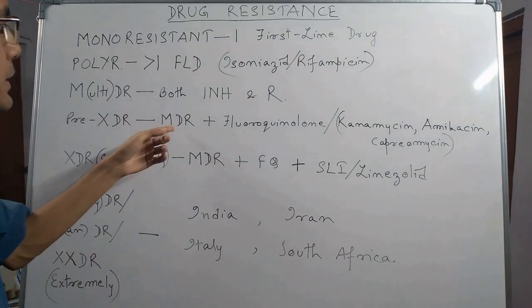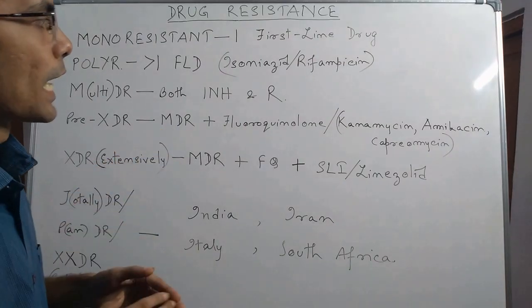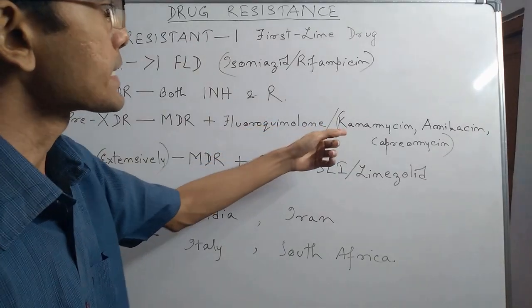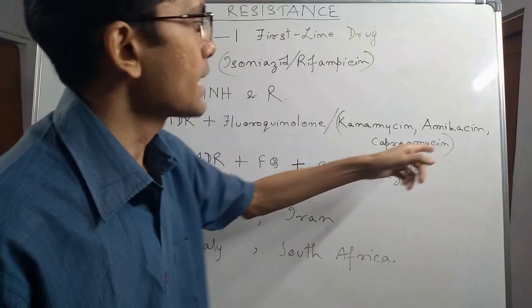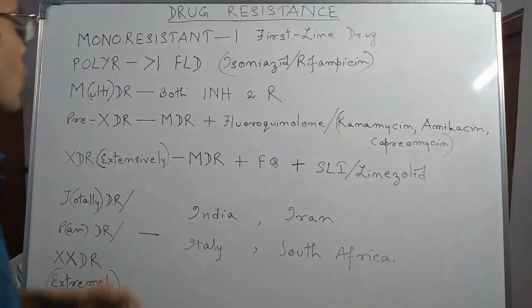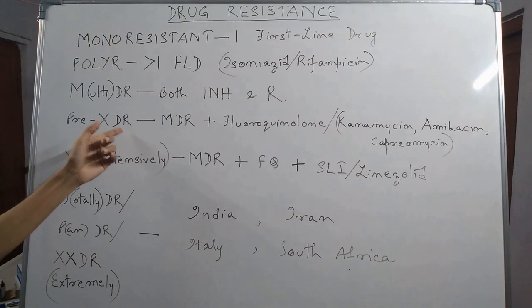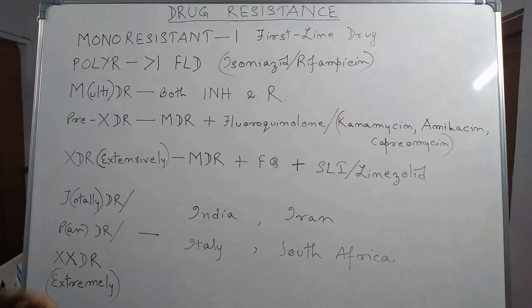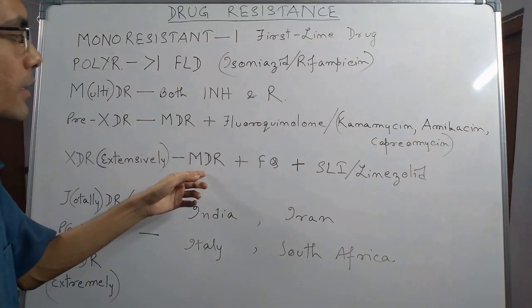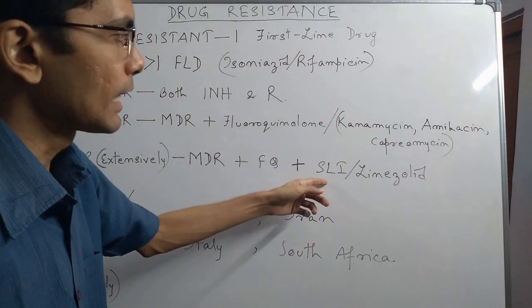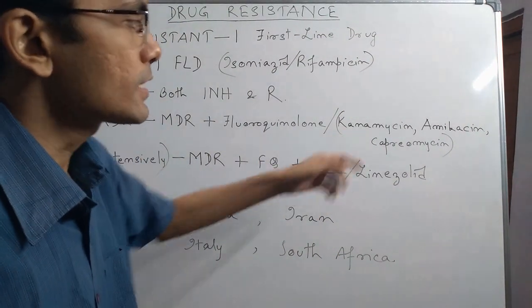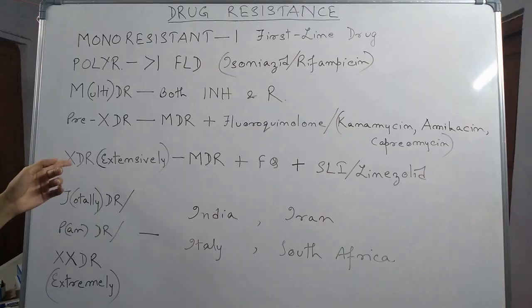In addition to being MDR, if it is resistant to either a fluoroquinolone or a second-line injectable drug, which are kanamycin, amikacin, and capreomycin, it's called pre-extensively drug resistant. And in addition to being MDR, if it is resistant to both a fluoroquinolone and a second-line injectable drug, it's called extensively drug resistant or XDR.